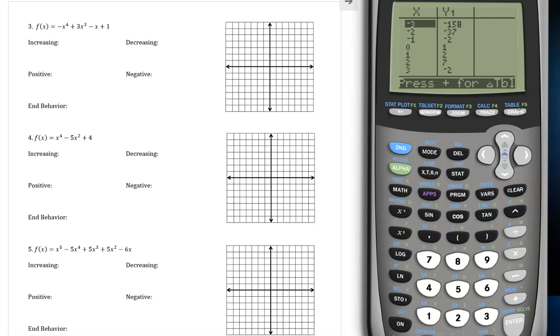And then from there, I'll identify increasing, decreasing, positive, and negative areas and the end behavior. So I'm going to click back and forth, and what you'll see is just suddenly the screen will be filled with the next information. So please go ahead and put this equation in, get your graph, get your t-table, plot your points, and I will do the same.